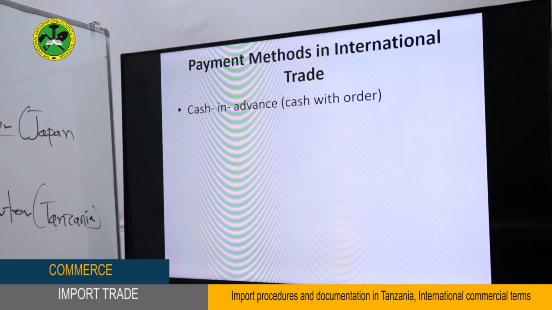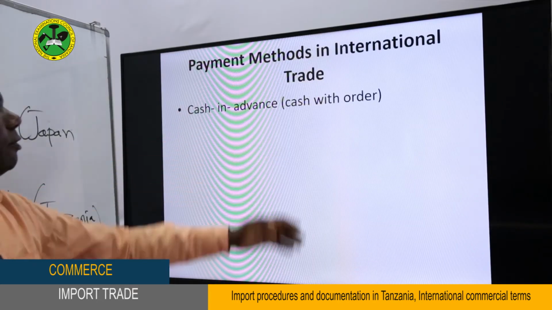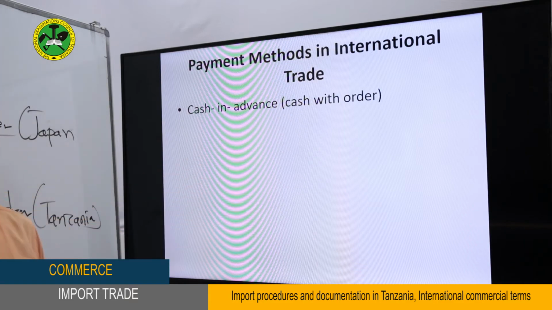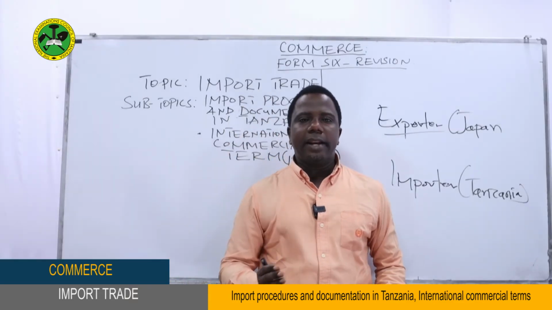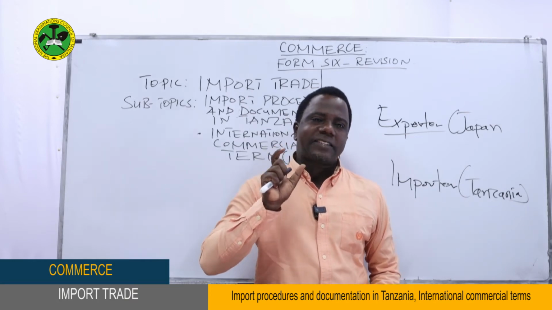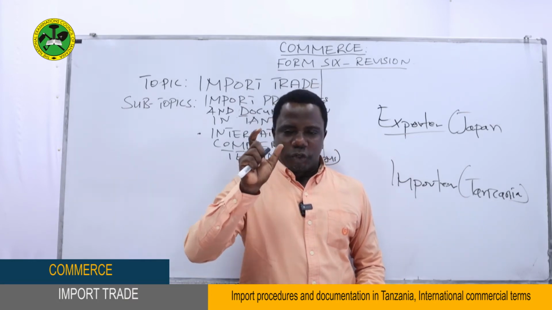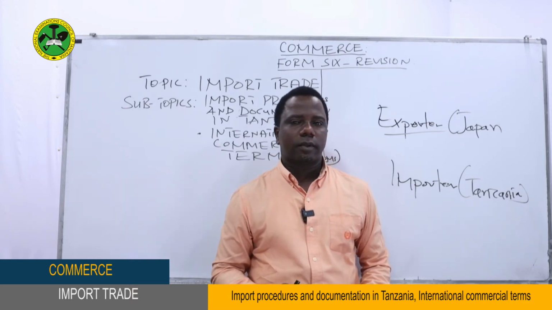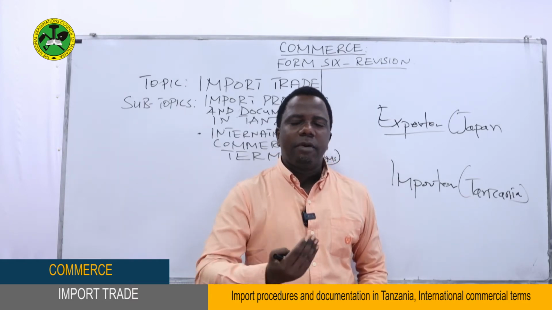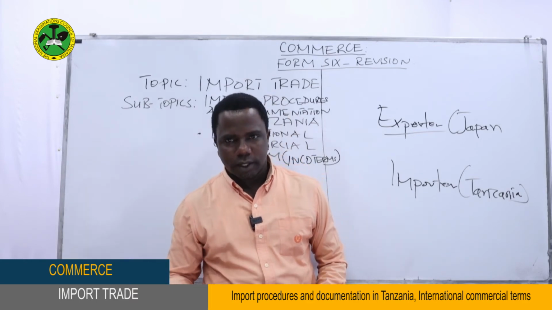Number one is cash in advance, or cash with order. Now, this is the way when you place an order, you should send your amount for those goods. Now you pay before you receive goods.